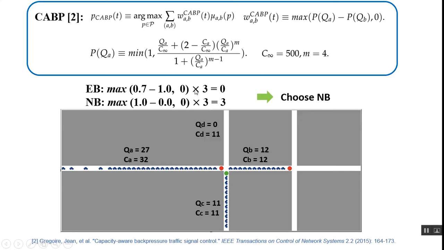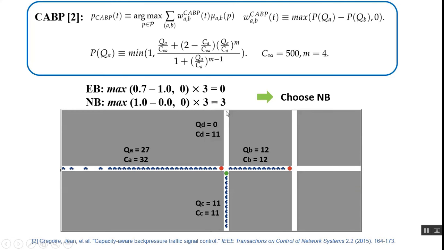So 0 minus 0 times 3 is 0. And for the northbound, we have PC equal to 1 and PD equal to 0. So we have omega CD equal to 1, and then we have mu CD equal to 3.